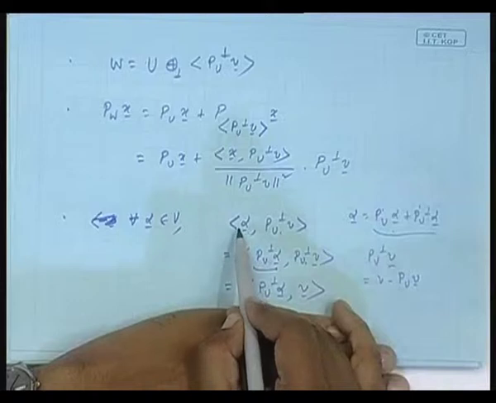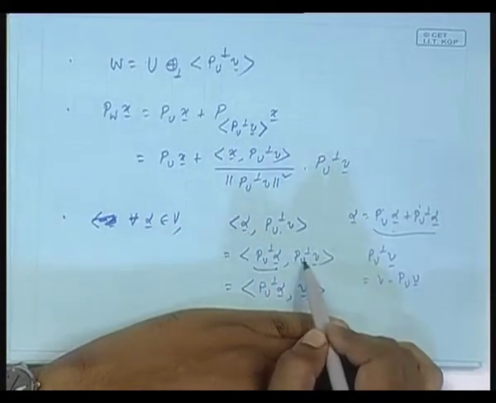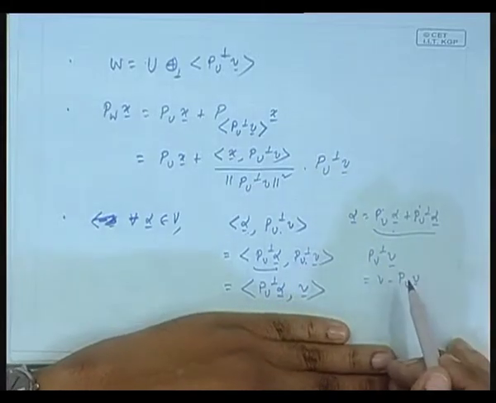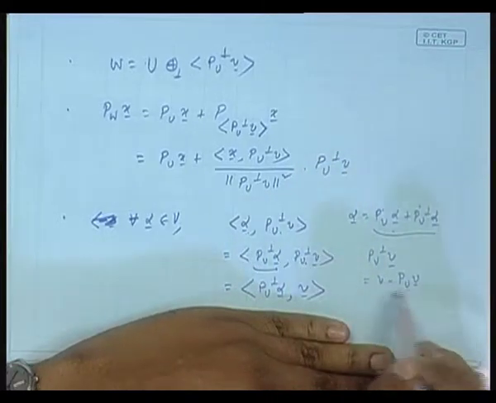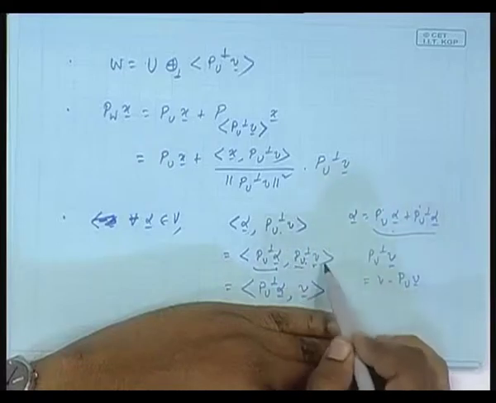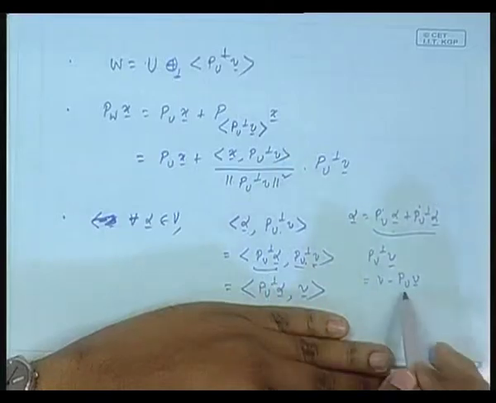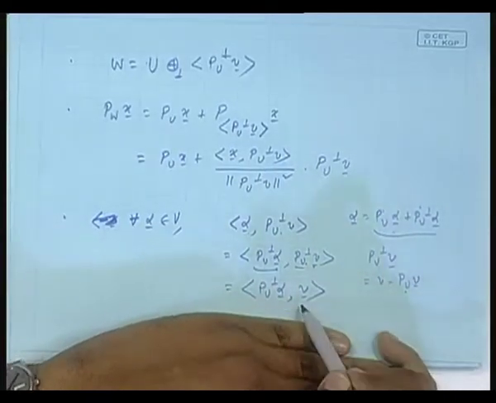Like here from alpha I put P_u perpendicular alpha, but the same logic I take out. But anyway, if you cannot see that, P_u perpendicular V is again original V minus the projection. So replace P_u perpendicular V by this, and what happens immediately? One is P_u, another is P_u perpendicular, they cancel. So you are left with P_u perpendicular alpha with V.